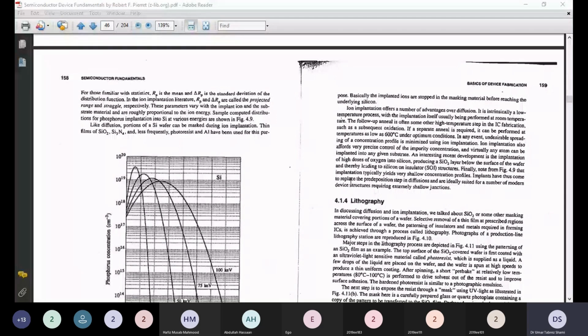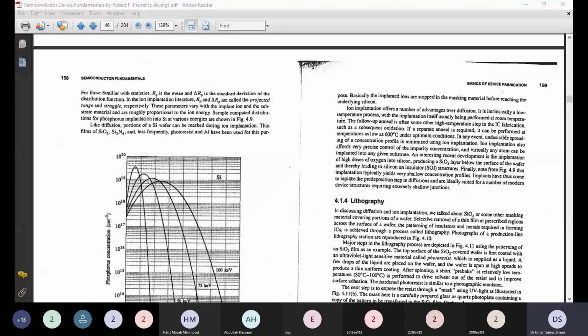Ion implantation also affords very precise control of the impurity concentration, and virtually any atom can be implanted into any given substrate. An interesting recent development is the implantation of a high dose of oxygen into silicon, producing a silicon oxide layer below the surface of the wafer and thereby leading to silicon on insulator structures.